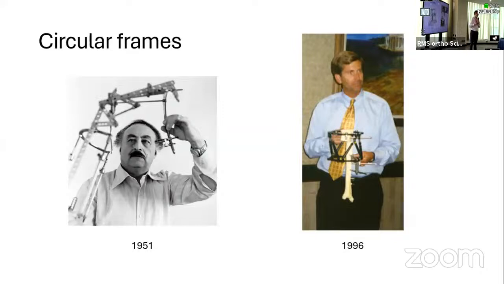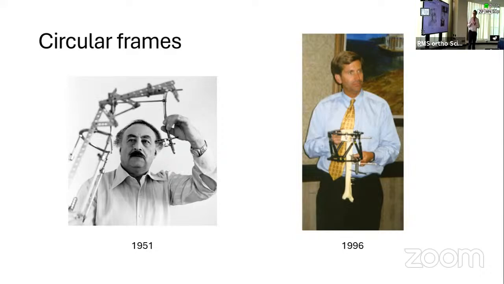So circular frames have been around for a long time, and obviously it started with Ilizarov in 1951. And this man, Charles Taylor, was using Ilizarov frames, but thought he could take the principles from the Gough-Stewart platform and turn it into a way of controlling bone position.